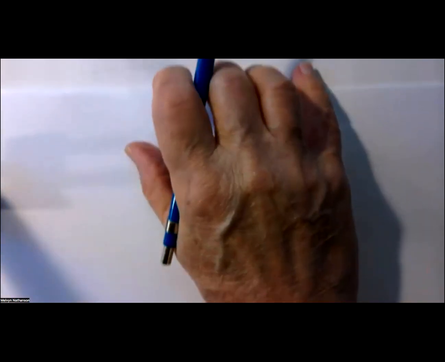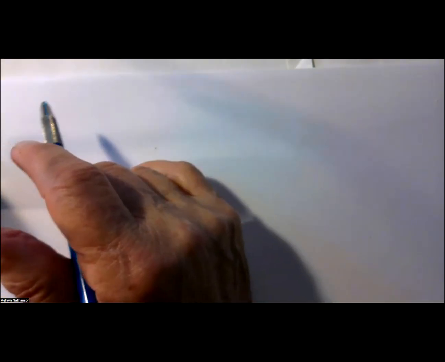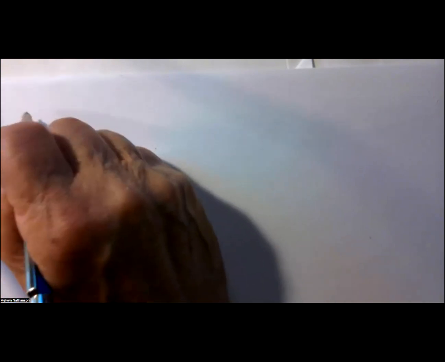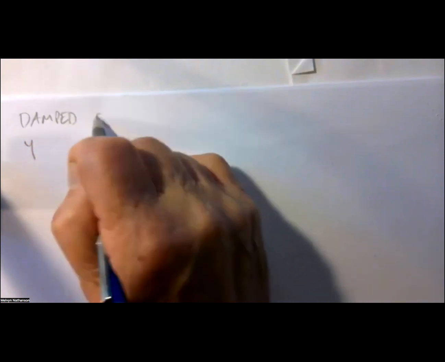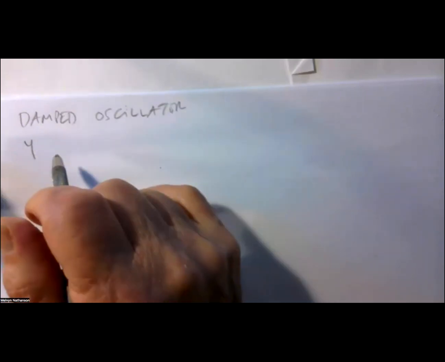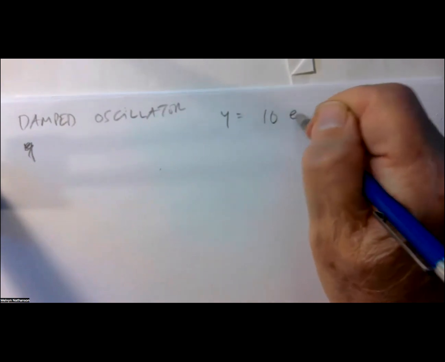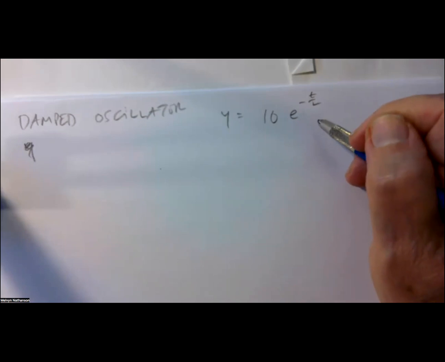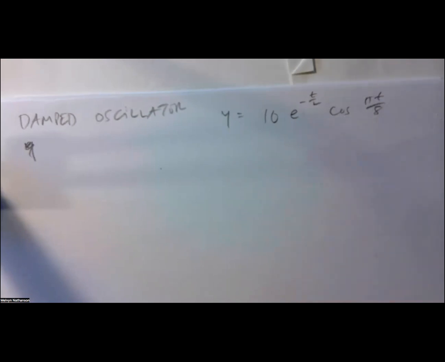So one equation that describes a damped oscillator would be where the height y at time t is given by, for example, 10 e to the minus t over 2 cosine of pi t over 8.